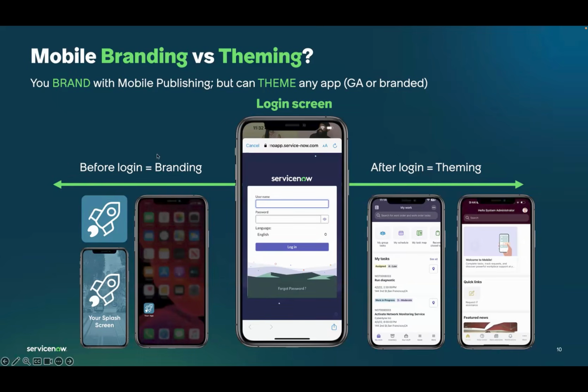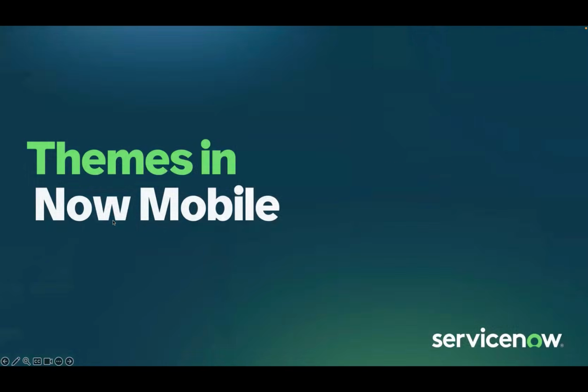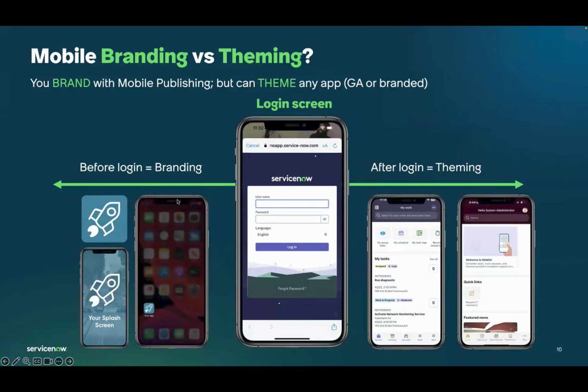So as you see, even in this image here, there is a login screen in between. Anything before login is the branding, as per the understanding from ServiceNow. Any experience that you get before logging in, it could be your app icon, splash screen, or your app name. That is the branding. Anything after login is your theming.